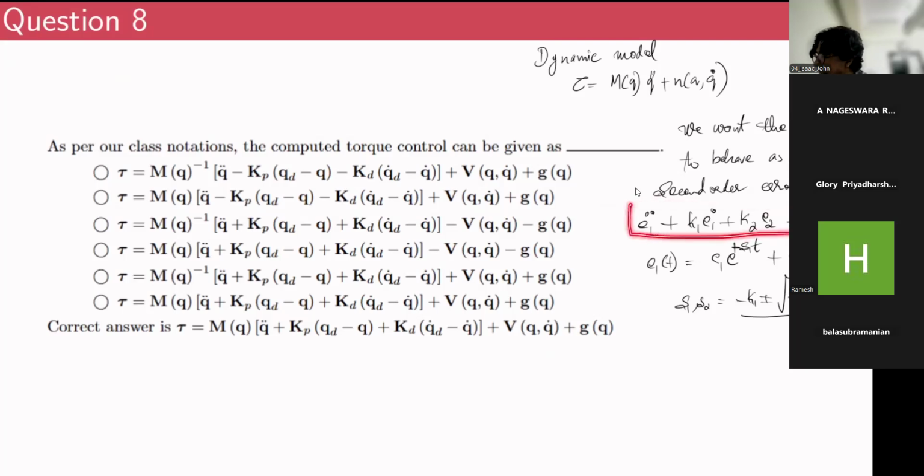So in order for the system to follow this second order error dynamics, what should be the control input torque?